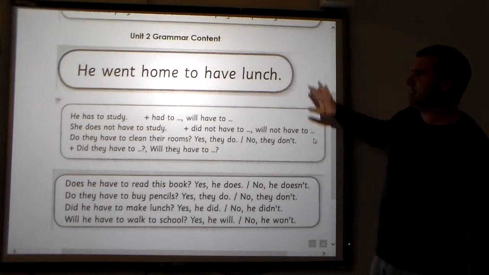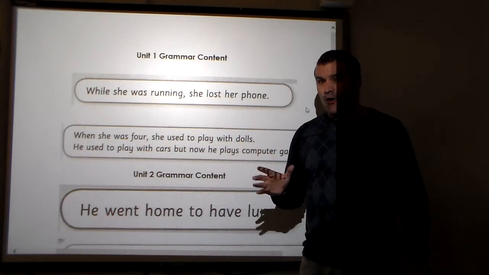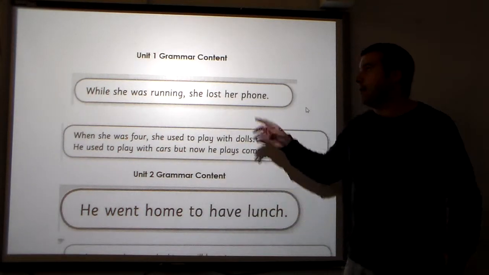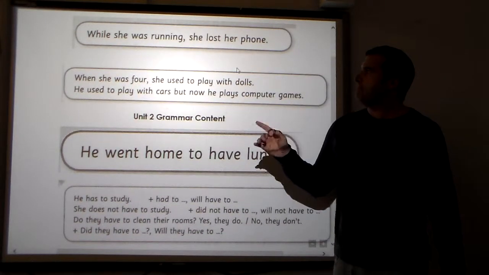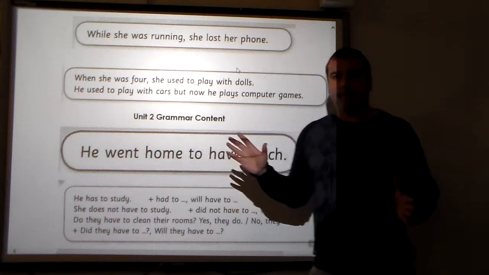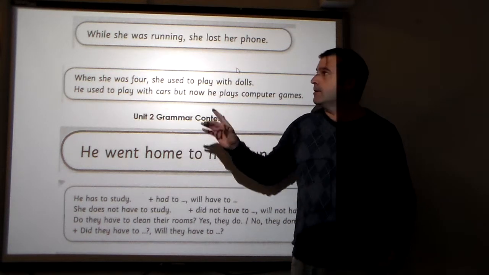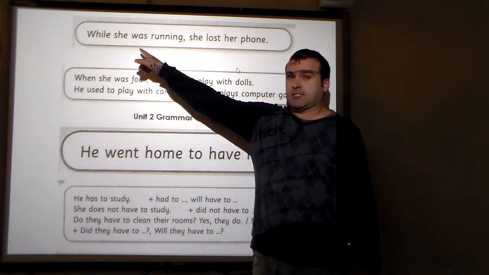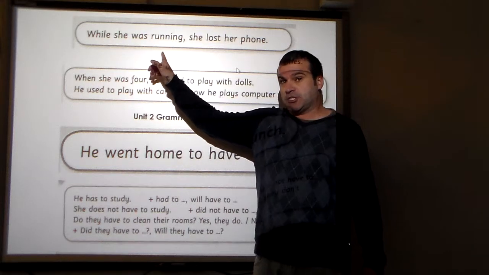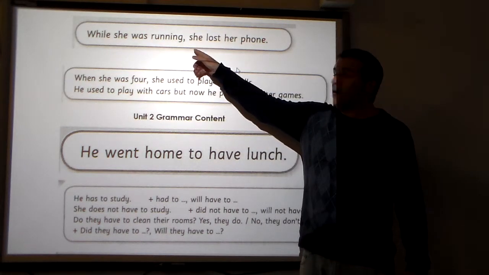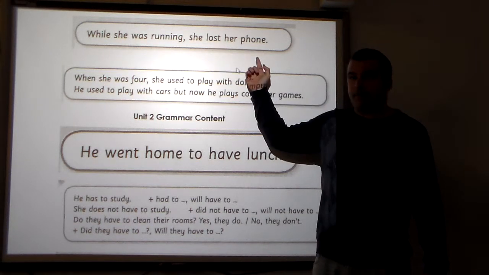Now, let's get back to structures that they already learned in the prior unit, in Unit 1. Actually the structure while plus the past progressive, the past continuous, a comma, and then the next sentence in the past.